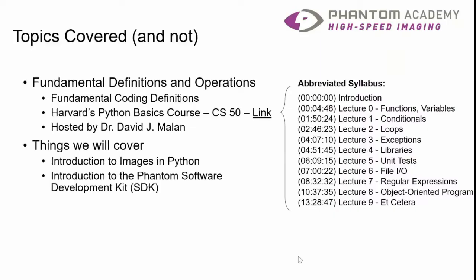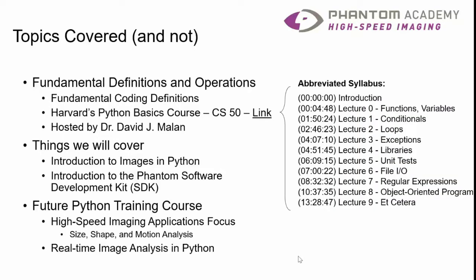And then finally, we're going to finish with an introduction to the Phantom SDK, or software development kit. We're also planning on having future Python training courses, in particular with a high-speed imaging application focus. So if you want to do things like size, shape, motion analysis, also things like DIC and PIV, we're going to be covering them in the future.